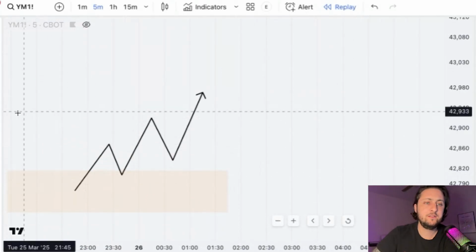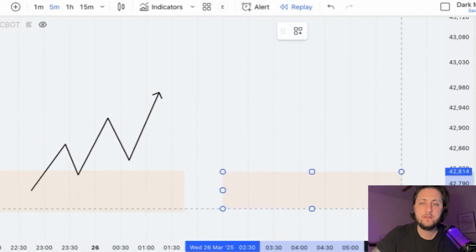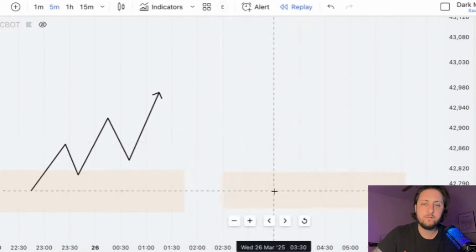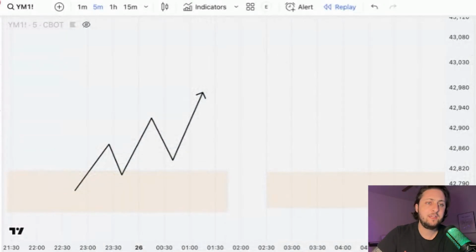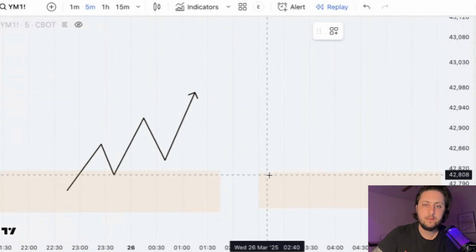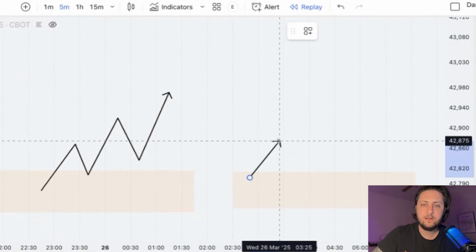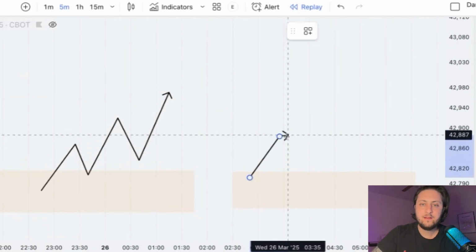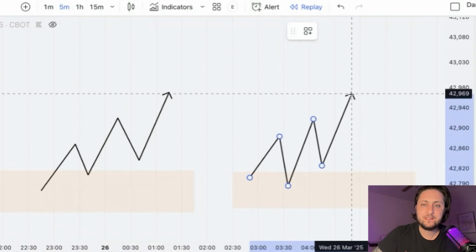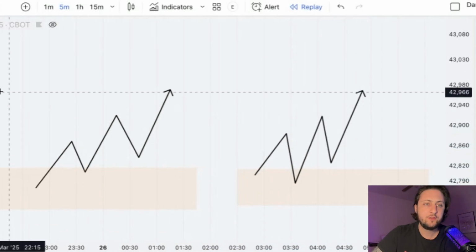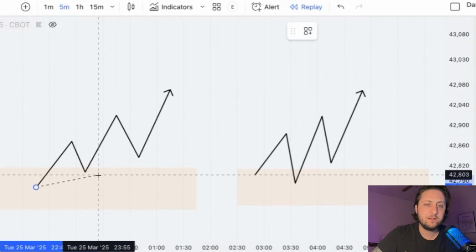NQ also taps into a bullish PD array of some kind, but instead of making this very simple higher high, higher low, higher high, NQ does something like this. Taps into that level, makes a high, sweeps that high, then makes the higher highs and higher lows. So the SMT in this case would be right here.